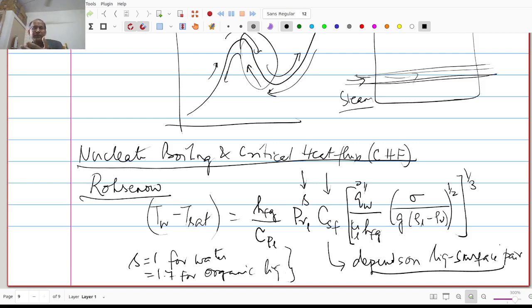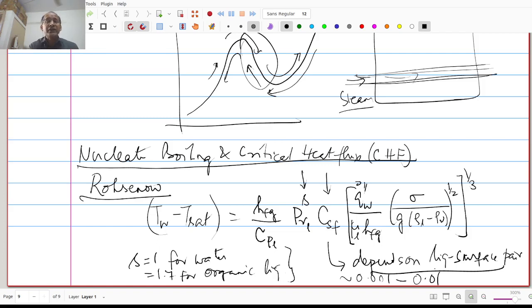So, for example, if it's a stainless steel wall with water, or a copper wall with water, stainless steel wall with R22, copper wall with R22, copper wall with CCl4, and so on, the pairs had different values of C_SF. The C_SF values for most substances are of the order 0.001 to 0.01, so 10 to the power minus 3 to minus 2. It's a non-dimensional constant. So this is the thing that they were able to fit.